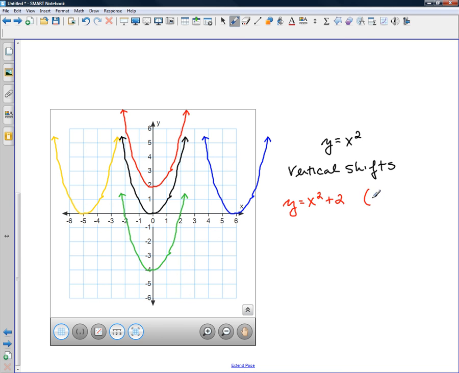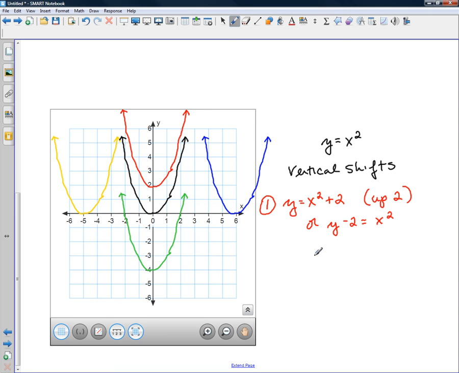All the y's are now 2 more than they were before. This would be the same as saying y minus 2 equals x squared. To get us back to x squared, we'd have to subtract 2 away from every y on the red curve to bring us back to the black original. So that's one vertical shift we can do.